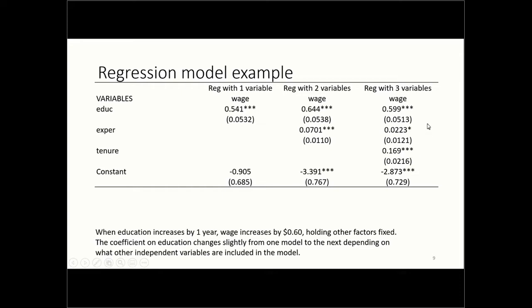So that's how they would be denoted in a table. So again, when education increases by 1 year, wage would increase by 60 cents, holding other factors fixed. And notice that if we estimate different models with different numbers of independent variables, the coefficient of education changes slightly from model to model, which means that the other independent variables also influence the value of this coefficient.